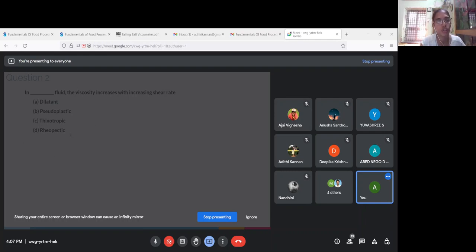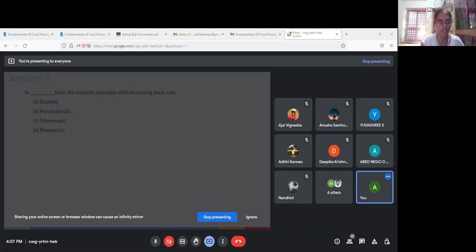This is a time dependent rheological behavior, and so is thixotropic. Both thixo and rheo are time dependent behaviors, whereas dilatant and pseudoplastic are time independent behavior. Rheopectic does have an increase in viscosity, but with time. Thixotropic has a viscosity decrease, but with time.